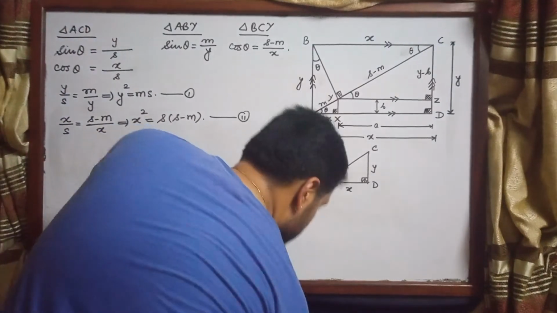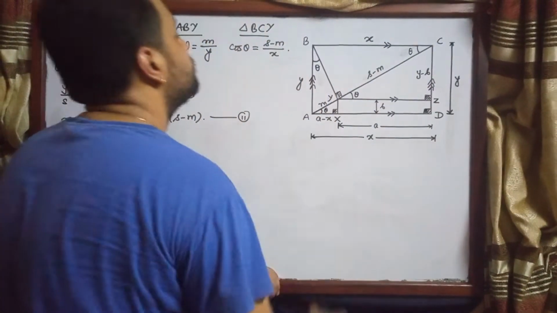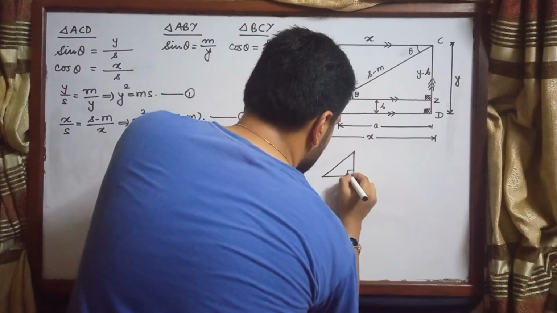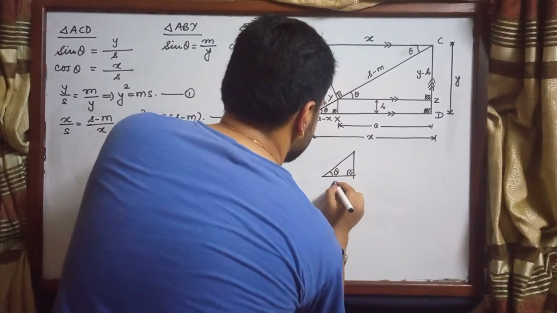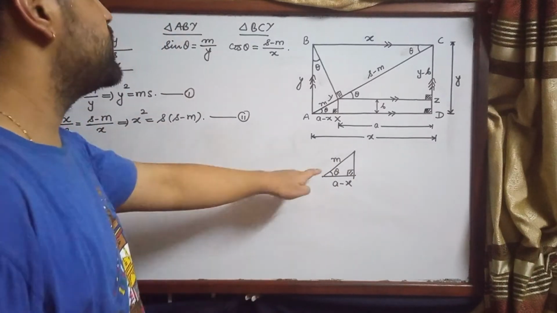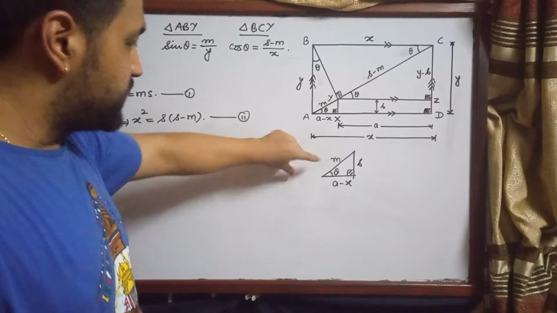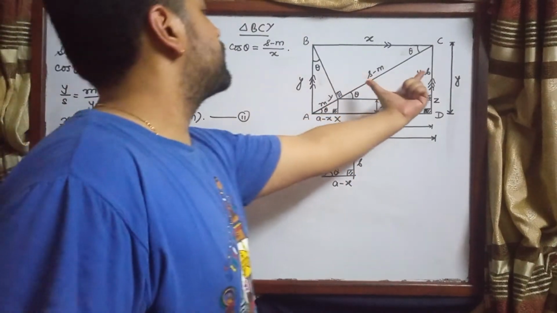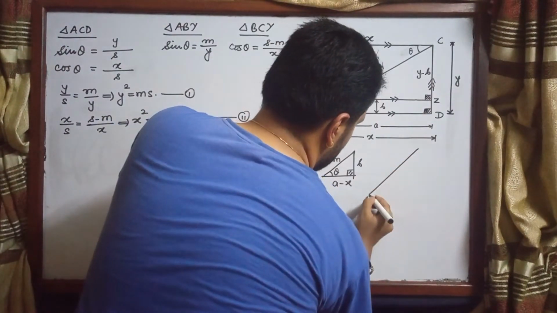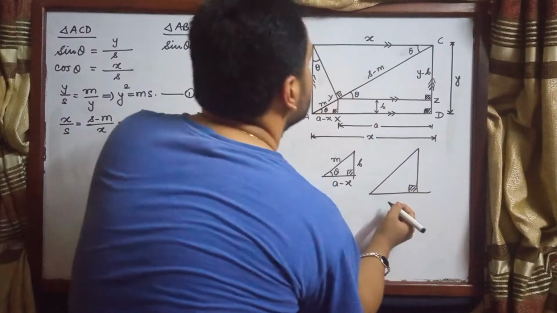Now let's look at the smallest triangle over here, triangle AXY. This is theta, this is A minus X, and this is M. We can calculate sine and cosine from this triangle and also from the upper triangle. Now let's look at this triangle as well.